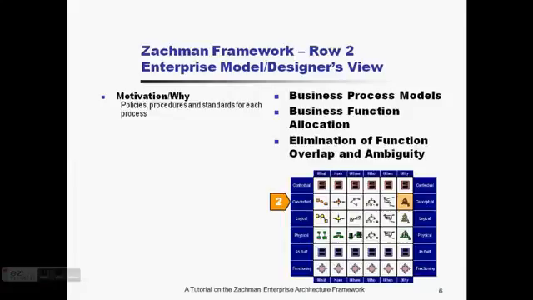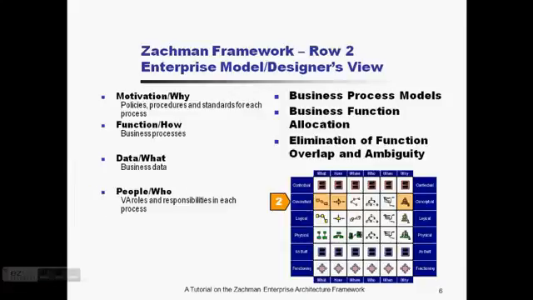In terms of function, it's mostly a business process function. In terms of data, it's about the business data. In terms of who, it's about the roles and responsibilities in each process.